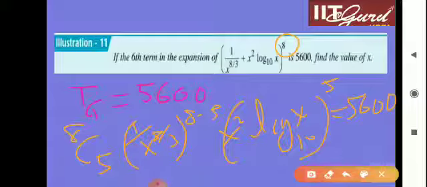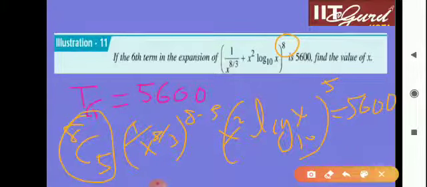So if you solve this, what is 8C5? You know that is 56. 8C5 you can write as 8C3, that is 8 into 7 into 6 over 1 into 2 into 3. So 2, 3, 6 cancel, and 8 times 7 is 56. So 8C5 will become 56.